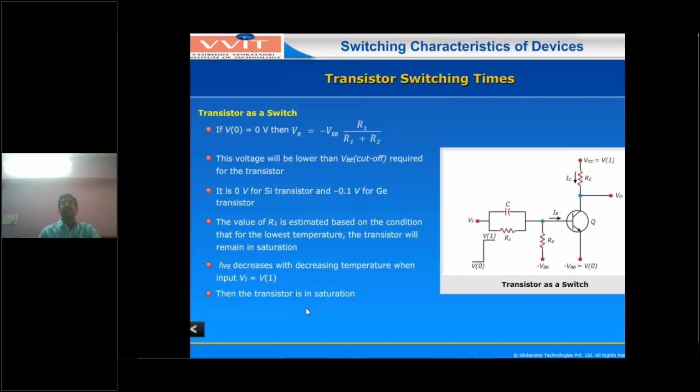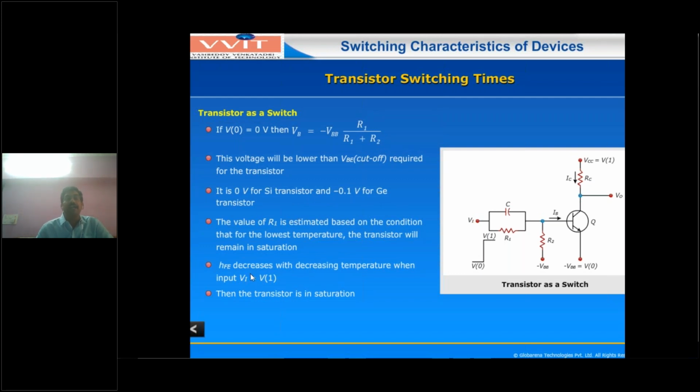That means VB equals minus VBB into R1 by R1 plus R2. Whenever input is lower level, VB is a negative voltage, and the transistor will be in cutoff condition.